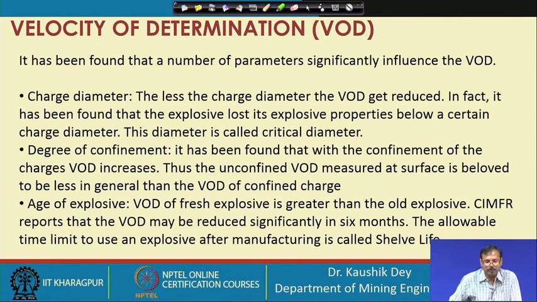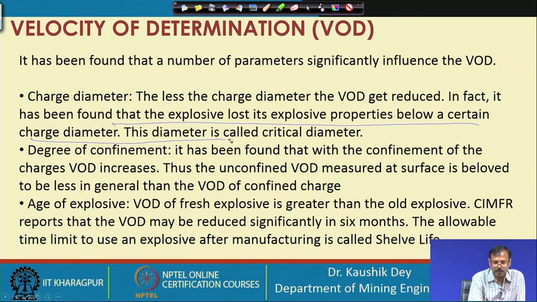On doing so, it has been found that there is a diameter below which the explosive loses its explosive properties, and that diameter is called the critical diameter. So, every explosive has a critical diameter, and below that diameter the explosive loses its explosive properties. That is why the diameter of the charge is very important.